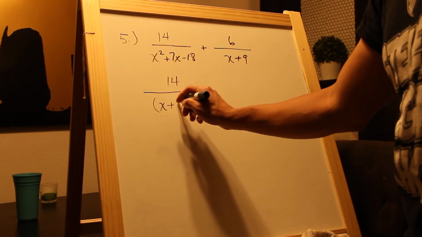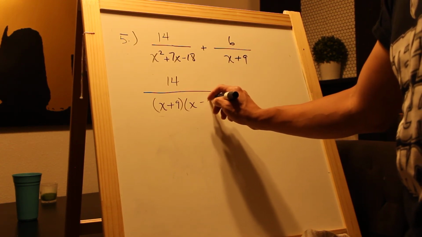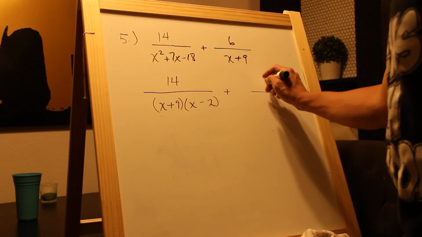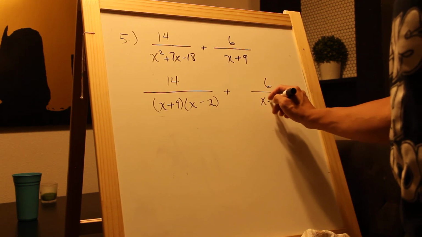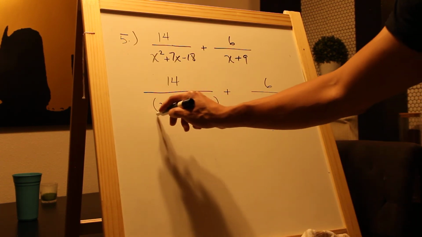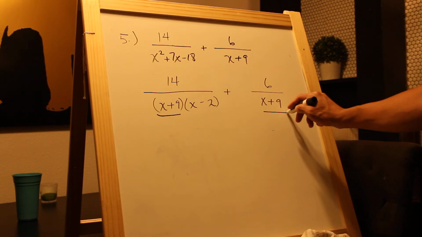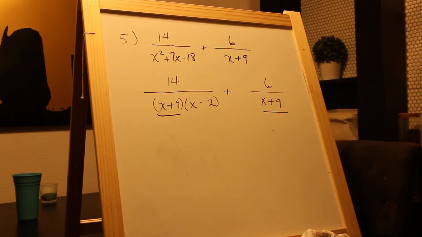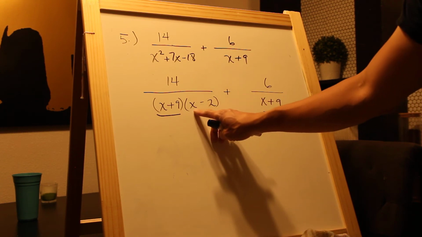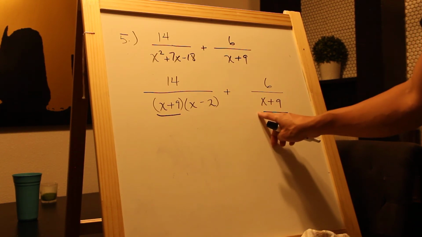That will give me plus 9 here and minus 2 over here, then plus 6 over x plus 9 just drops right down. Now notice, these two have the same denominator in the bottom. The only thing different is this one doesn't have an x minus 2 multiplied to it.